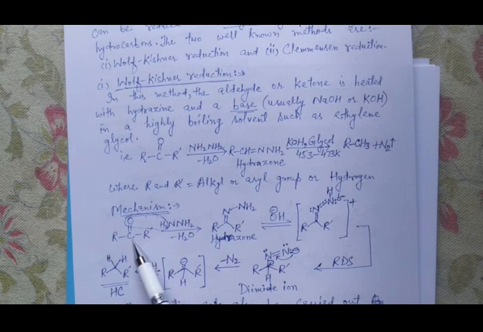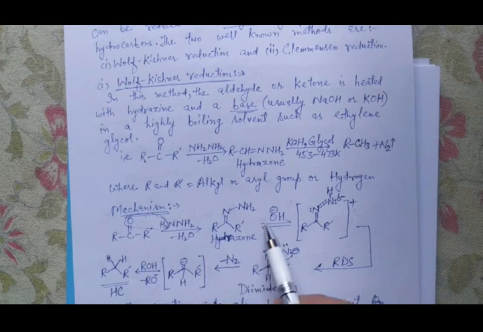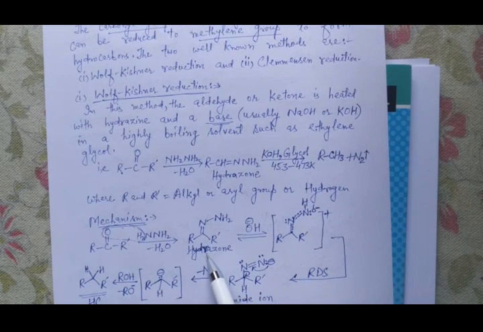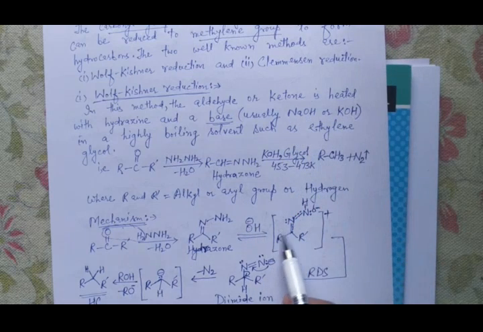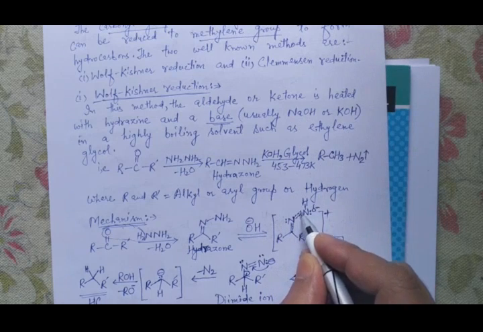First of all, upon reaction with hydrazine it gets transformed into a hydrazone with the elimination of a water molecule, H2 from hydrazine and O of the carbonyl group of the ketone, and we get this hydrazone, which upon the action of a base, OH negative, released by the base taken, either sodium hydroxide or potassium hydroxide, gives this type of intermediate in which we are showing two dotted bonds, here as well as at this side.